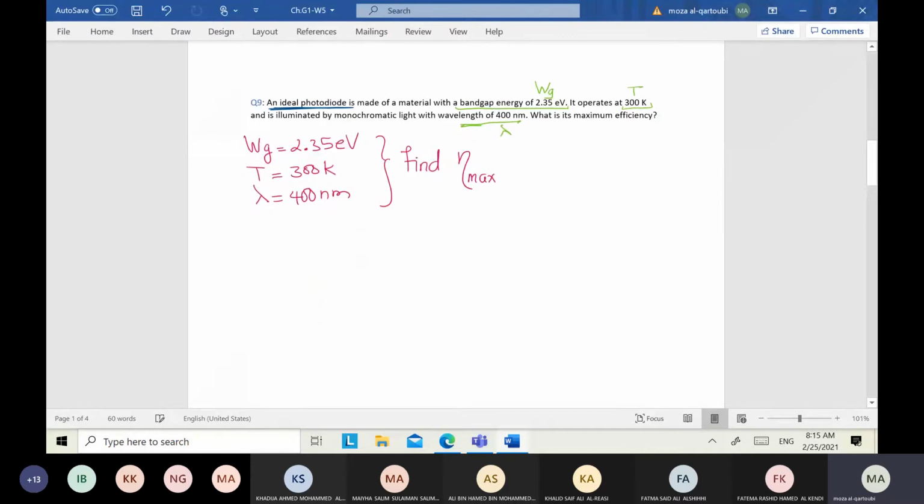How to find maximum efficiency in general? In general, without this question, how to find maximum efficiency of any equipment, for example. If we have any system and we need to find the efficiency, maximum efficiency, should we know what?